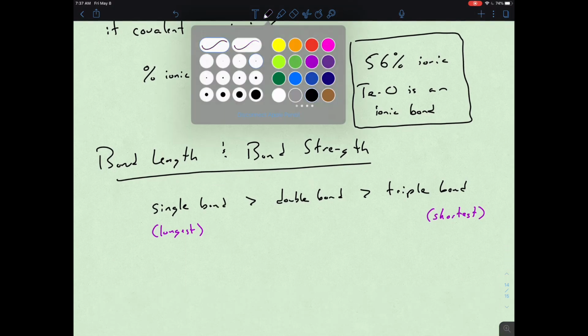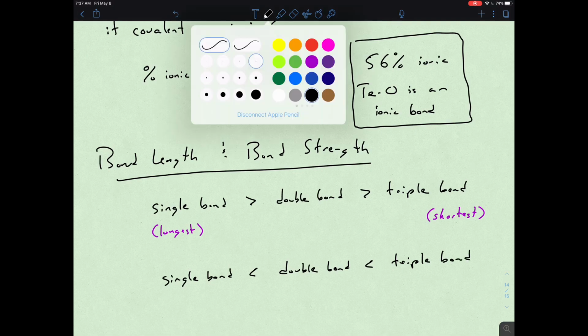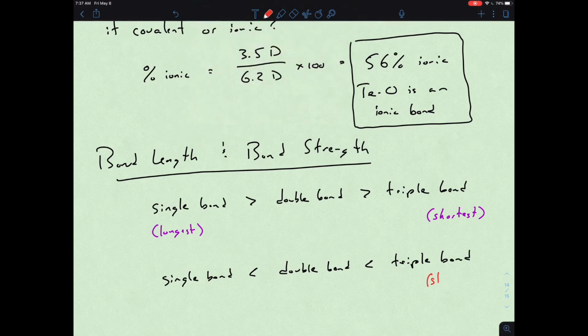And if we kind of flip it in terms of energy or strength, we find the trend goes the other direction, with the triple bond being the strongest and the single bond being the weakest.